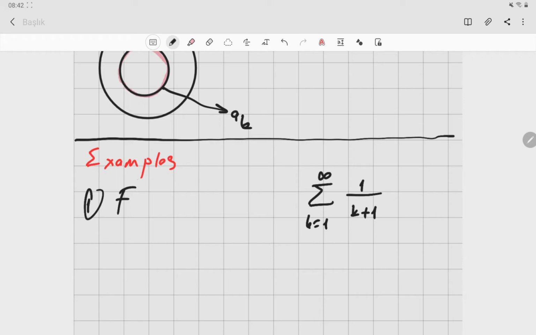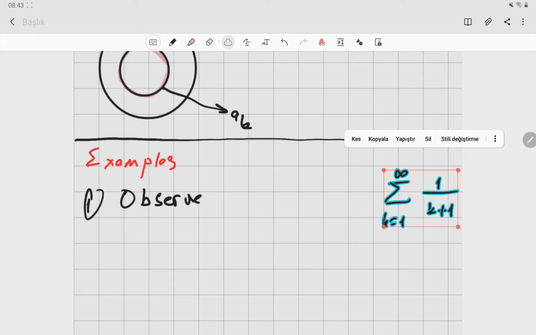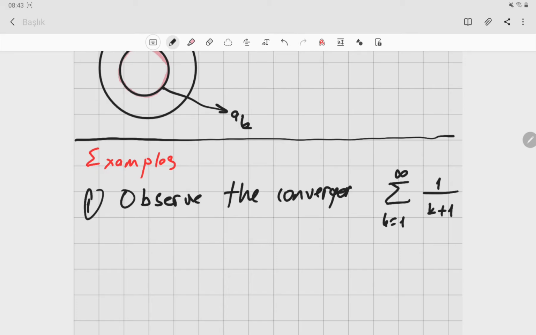Okay, find. Well, we may write here. Observe the convergence of the series.